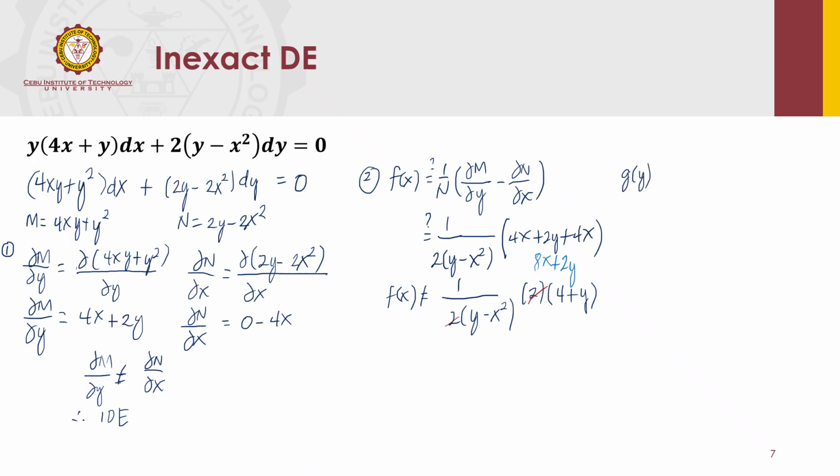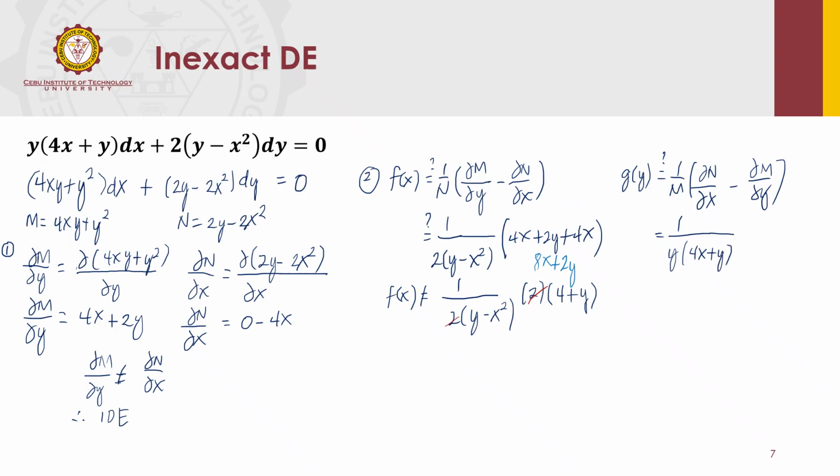Okay, so to see if this, 1 over M times this, is a pure function of y. M is 4xy plus y squared, so the common factor is y. So it's y times 4x plus y.